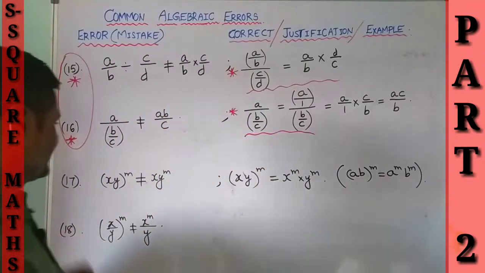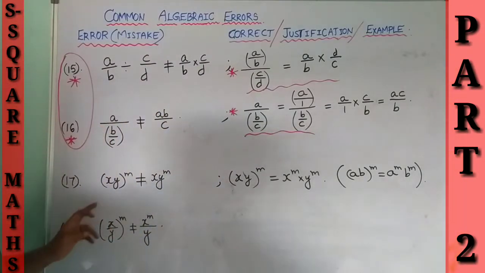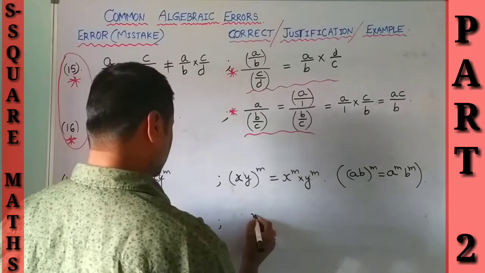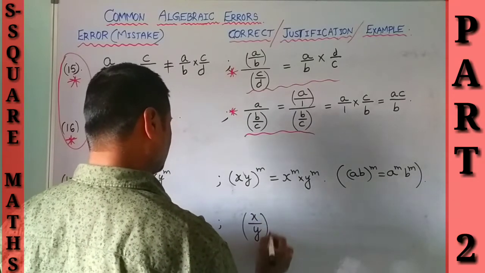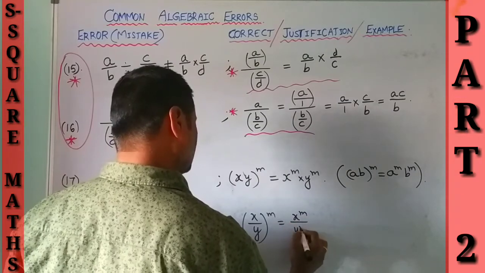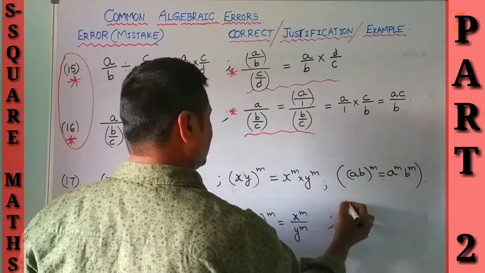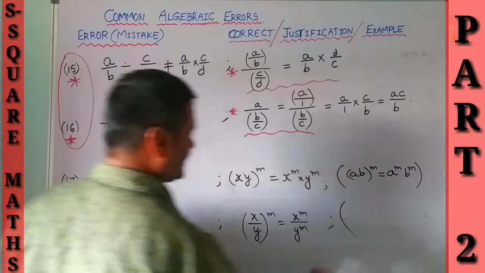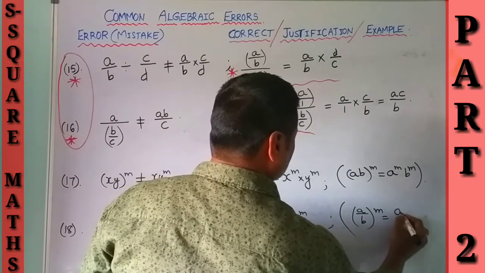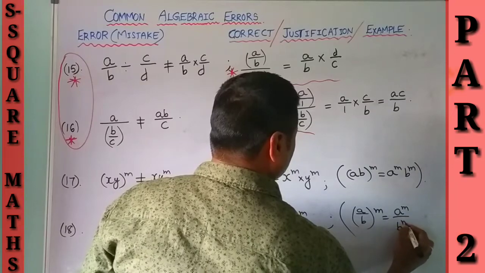Next, x by y whole power m is not equal to x power m by y. These two are closely related. So now I am going to correct it. x by y whole power m is nothing but x power m by y power m. That is, a by b whole power m is equal to a power m by b power m.